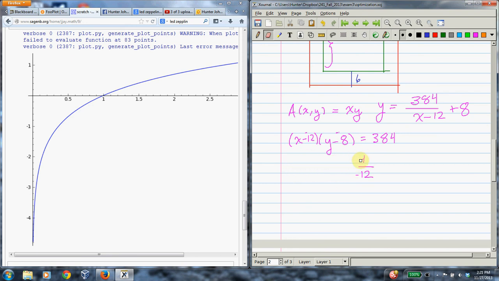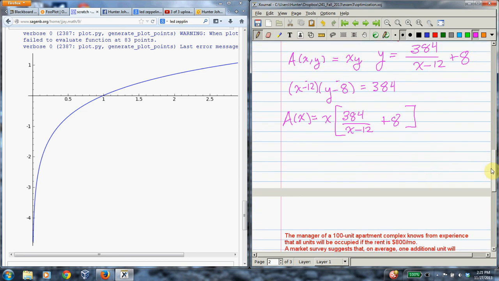All right. So now that I've eliminated a variable, the objective function becomes a function just of x. So what function is that? Well, x hangs around, but now I can replace y with this stuff that it's equal to. So I can just cut and paste this down here: 384 over x minus 12 plus 8.